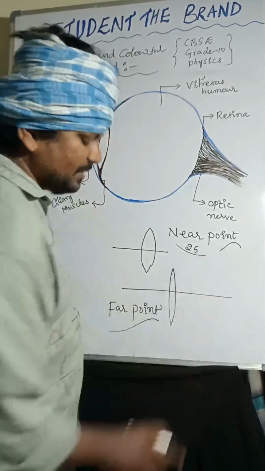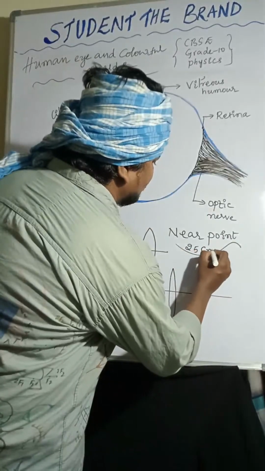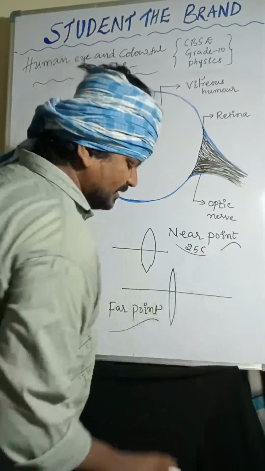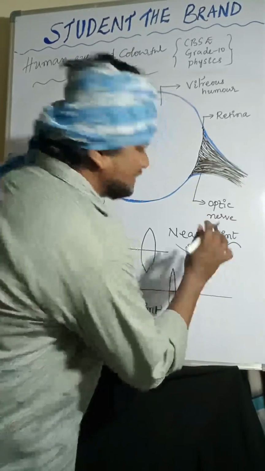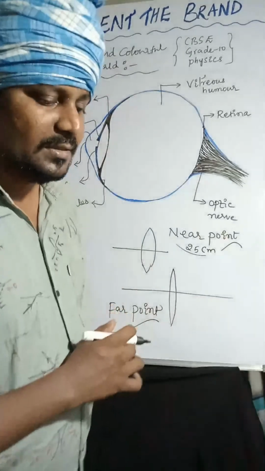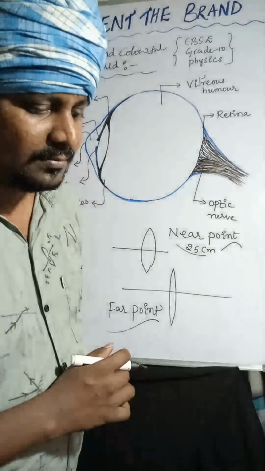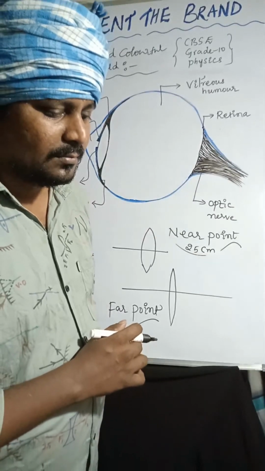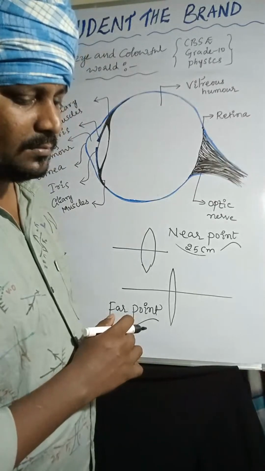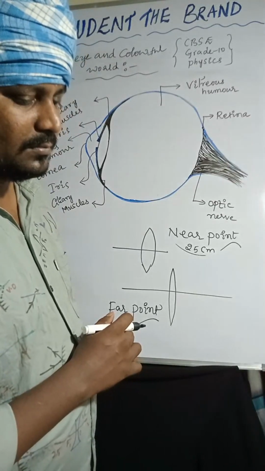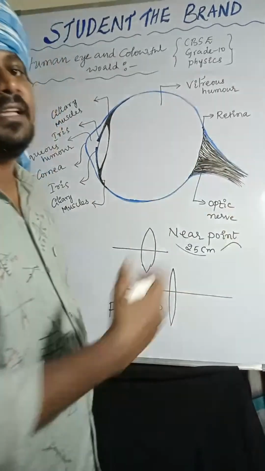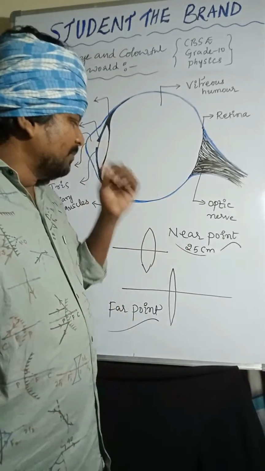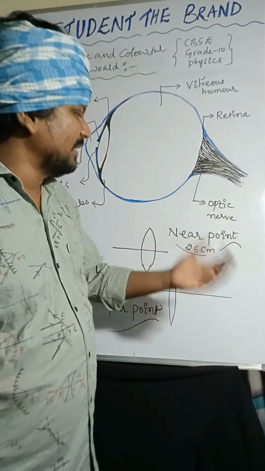The near point is the minimum distance up to which a person can see clearly without any strain.